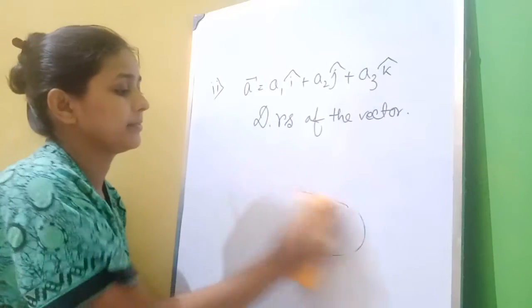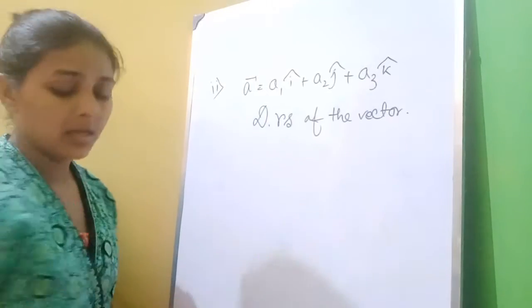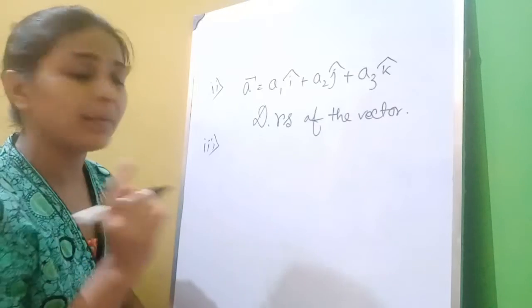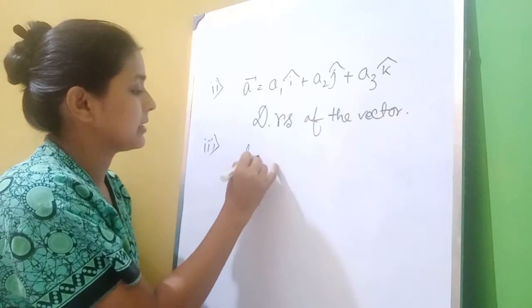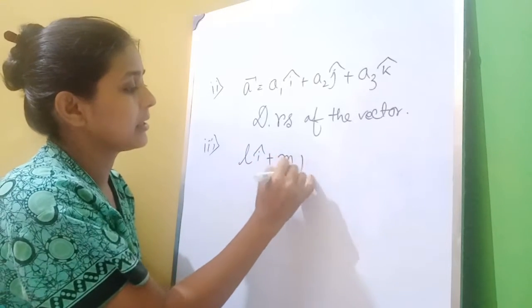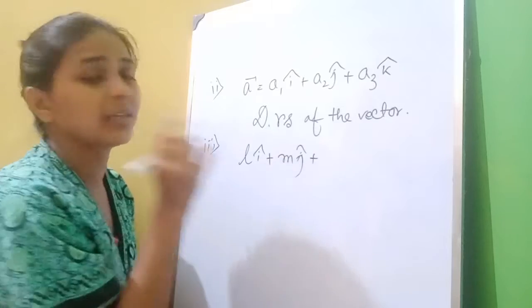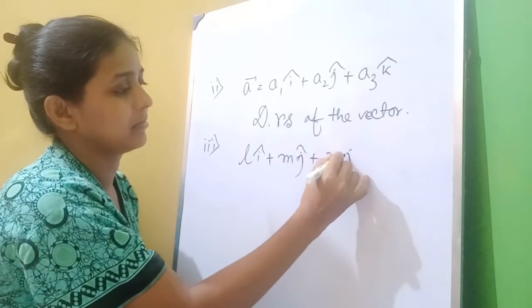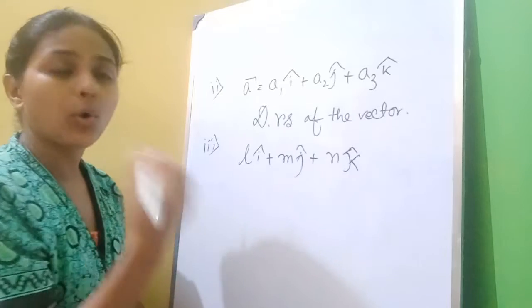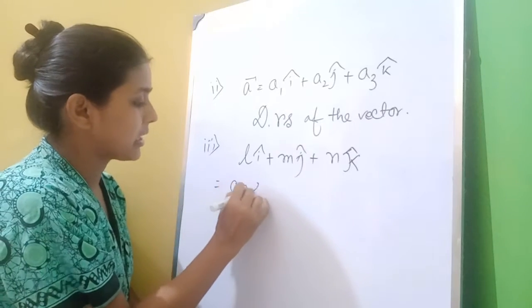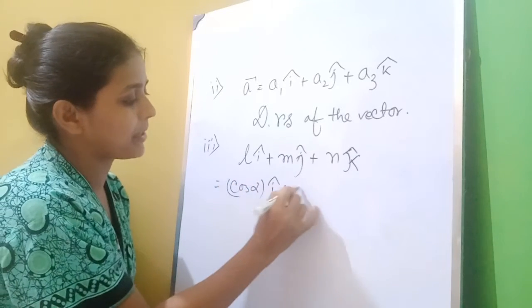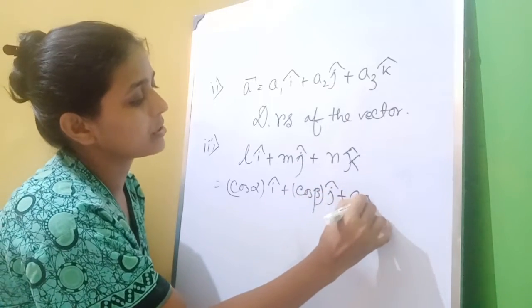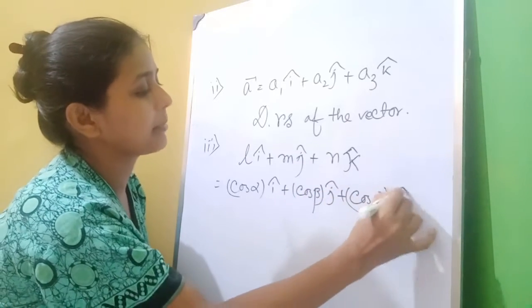Rather, number 3: if any vector is represented with cos alpha into i cap plus cos beta into j cap plus cos gamma into k cap.